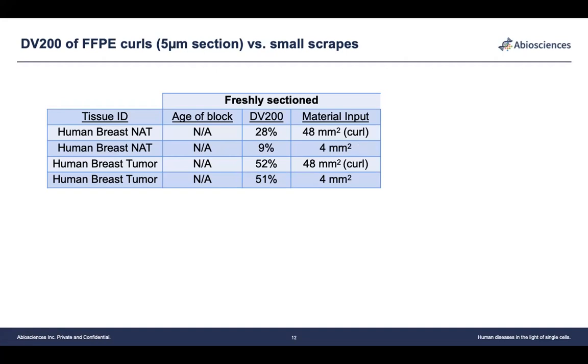So it's a 2x2 section that we take out for DV200 measurement. And you can see that they are still very close to each other in terms of DV200 score. So this is actually pretty good. You can feel more comfortable using the same section that's partially used for Cytosis and partially used for determining your tissue quality using the DV200.